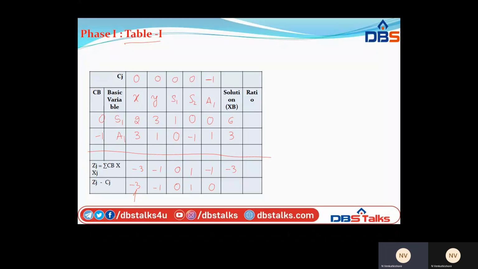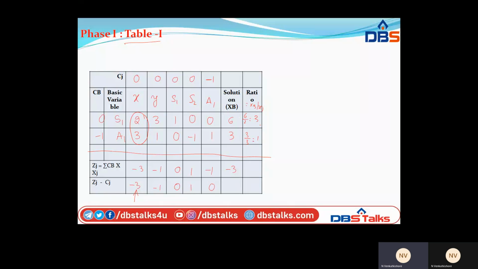This is the most negative value, and it makes the key column. After that, the ratio: how will the ratio be? XB by XJ, that is, solution by key column. So 6 by 2 equals 3 and 3 by 3 equals 1.